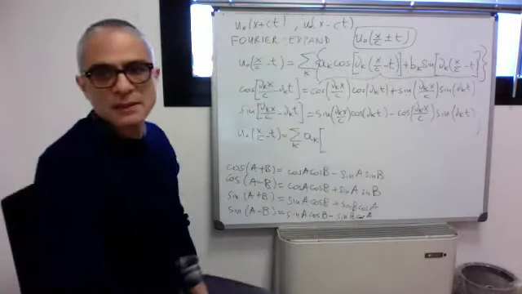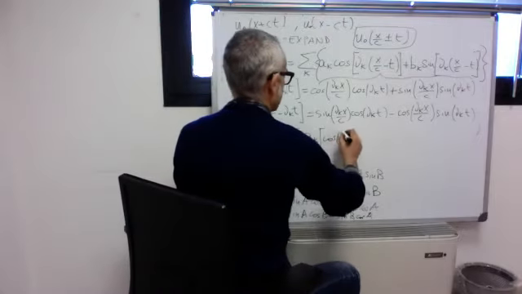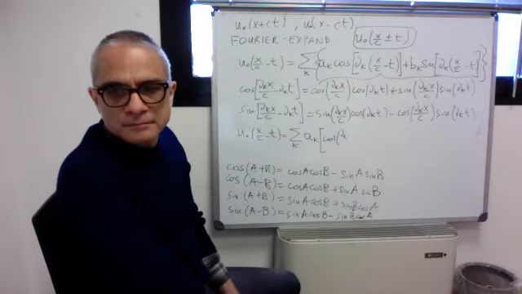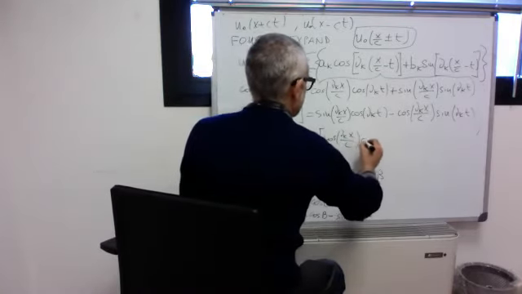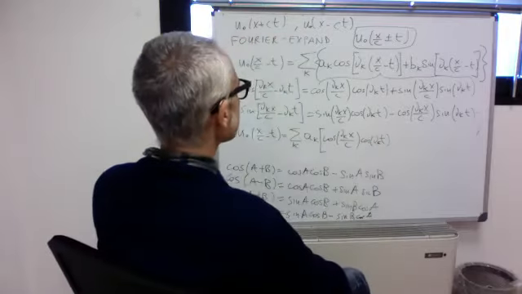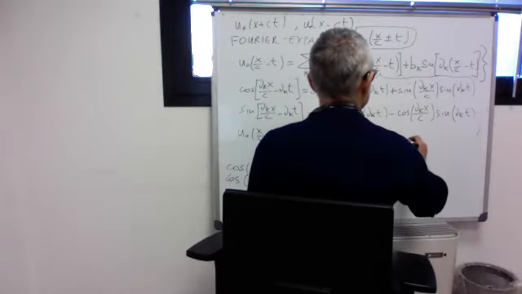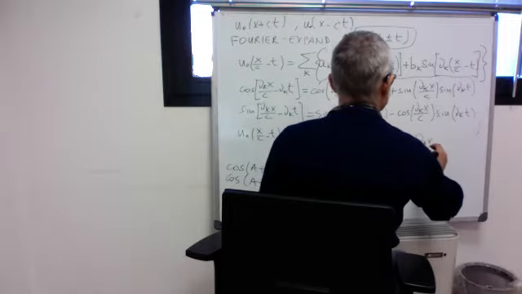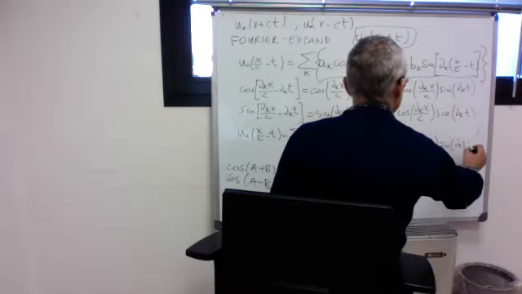So that gives me cosine of nu k x over c times cosine of nu k t plus sine nu k x over c sine of nu k t.